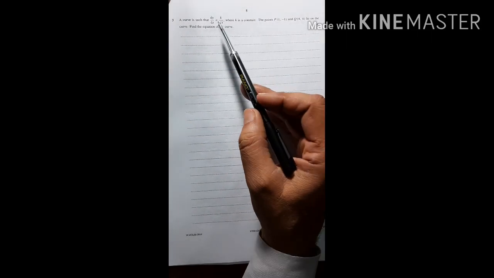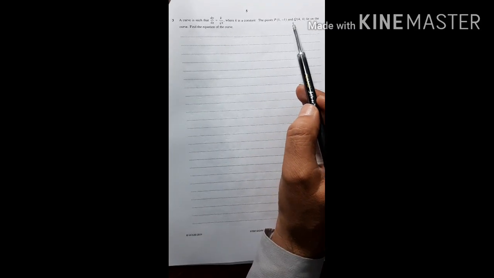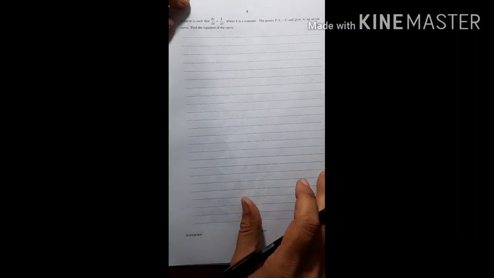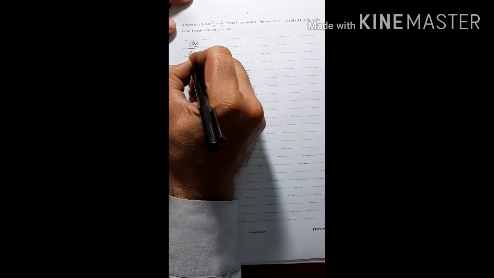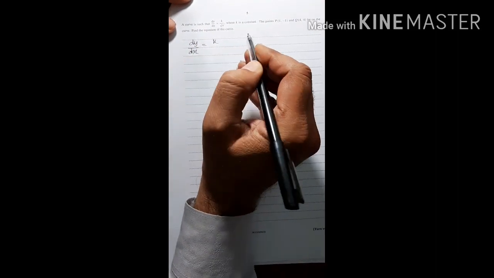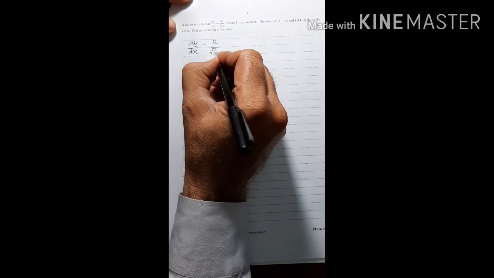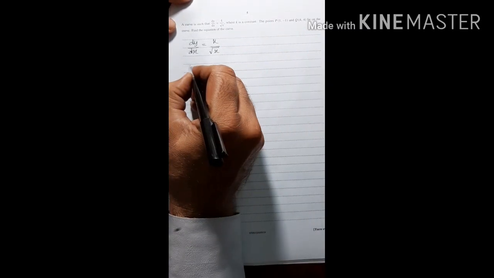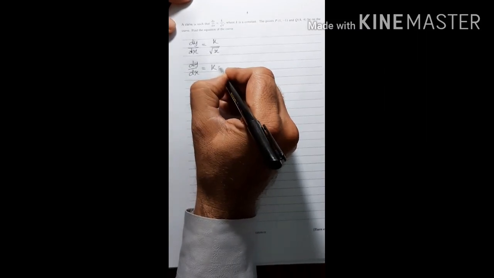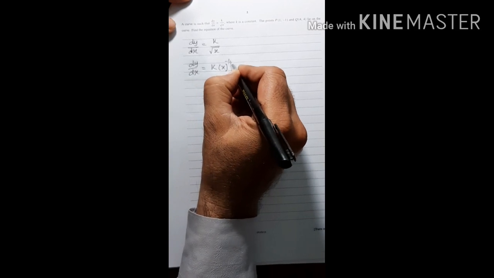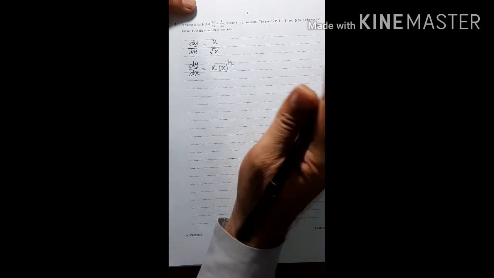Question 3 is, a curve is such that dy by dx is k over under root x, where k is a constant. The point this and this lie on the curve. Find the equation of the curve. Okay. So we have dy by dx equals k over under root x, which can also be written as dy by dx equals k x whole power minus 1 by 2, because we will take x on the upper side.